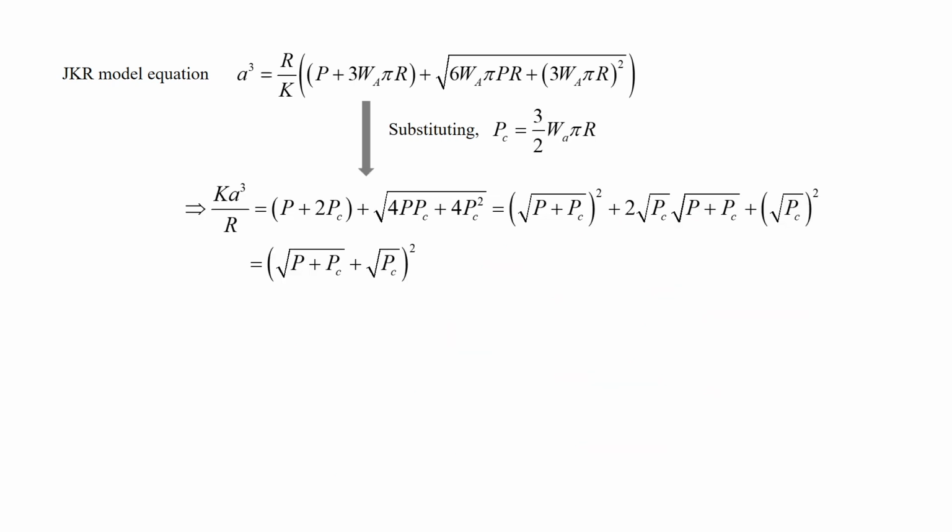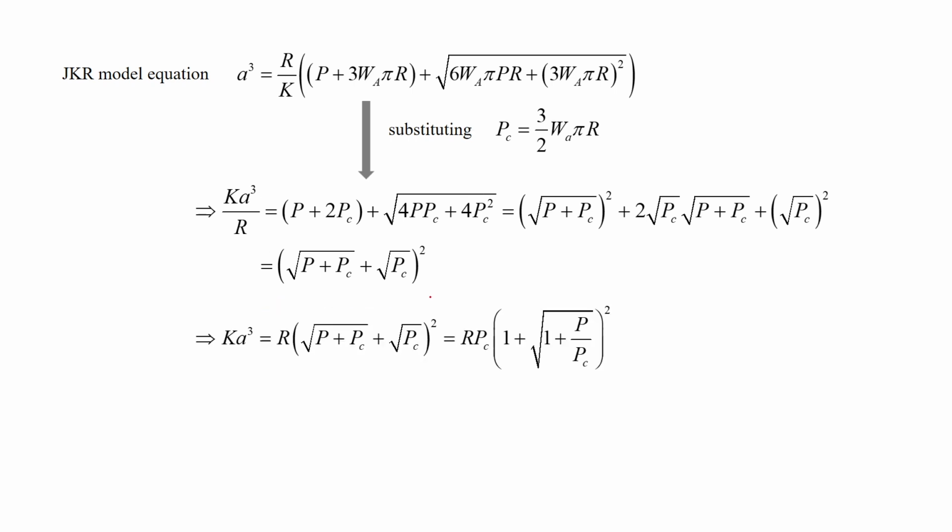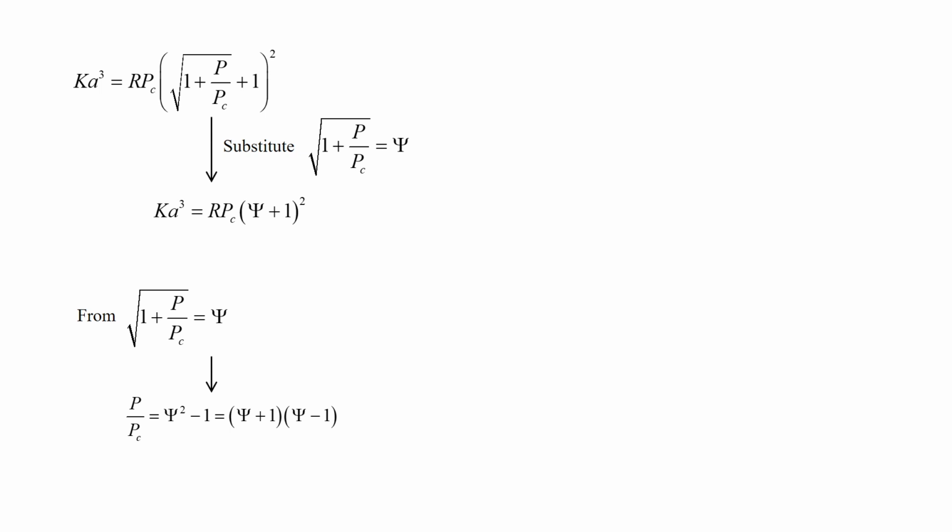So, using these JKR model equations we get this particular expression, and finally, we have K a cube that can be written as something like this, and we can further substitute this expression. On this K a cube we substitute the square root of 1 plus P by Pc as psi, and therefore K a cube is this equation, and finally, we have this particular equation.